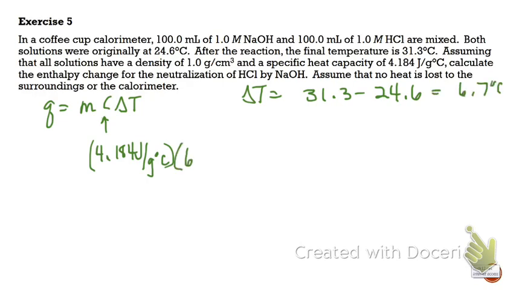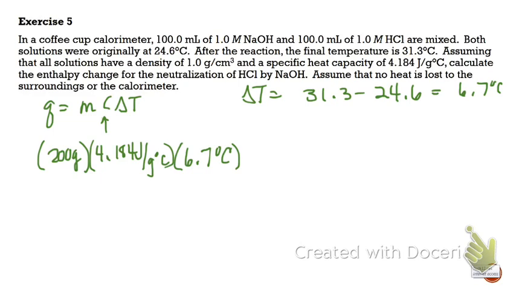So we'll plug that in. Now we need a mass. It's 200 grams. How did I get that? You added the milliliters, because grams per milliliter means it's 100 grams of each one, so 200 grams total.